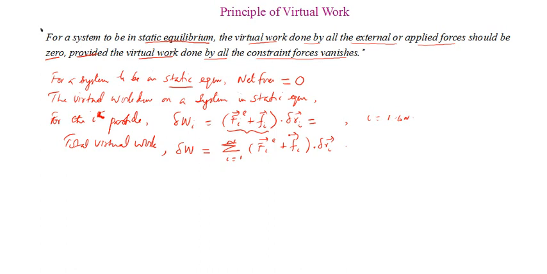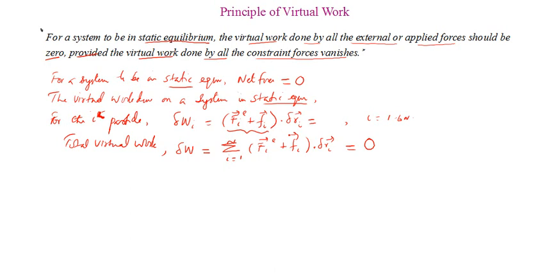And since the system is in equilibrium, this delta W should be equal to 0, right? The virtual work done on the system will be equal to 0 because the system is already in static equilibrium, right? So this is equal to 0.